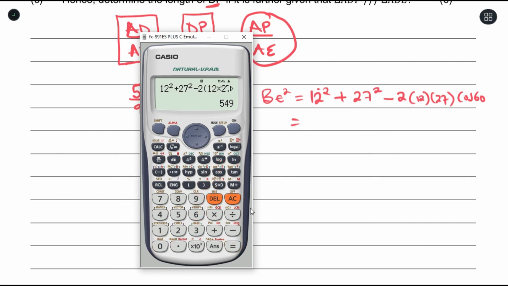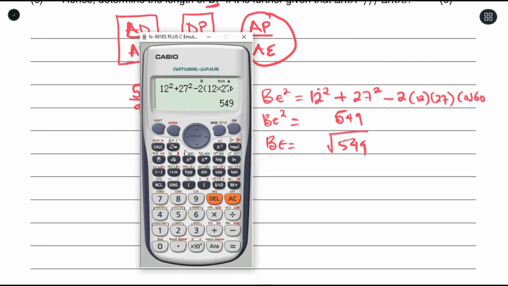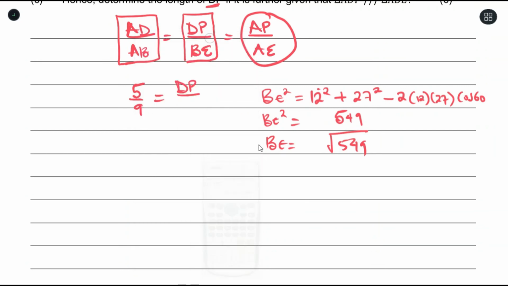As you can see, our answer is 549, which is BE squared. Right, so to actually get BE, we know BE is the square root of 549. So square root answer, we'll get 23,43. So BE is 23,43.